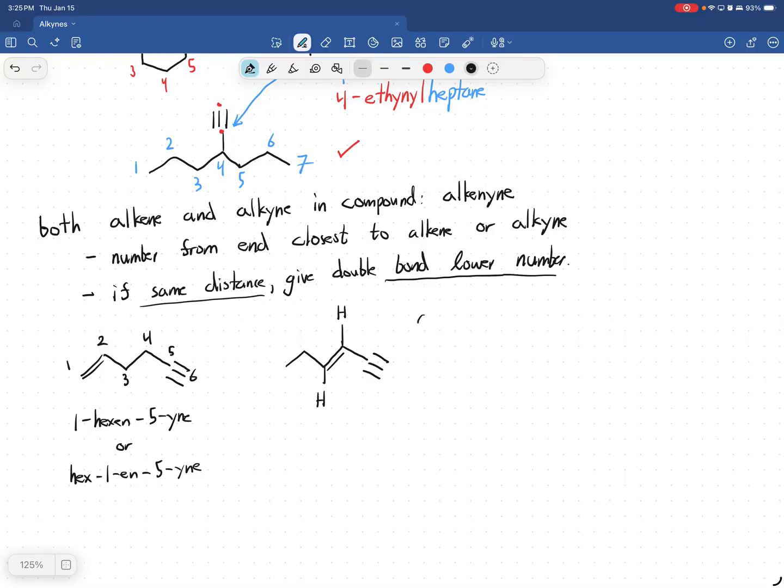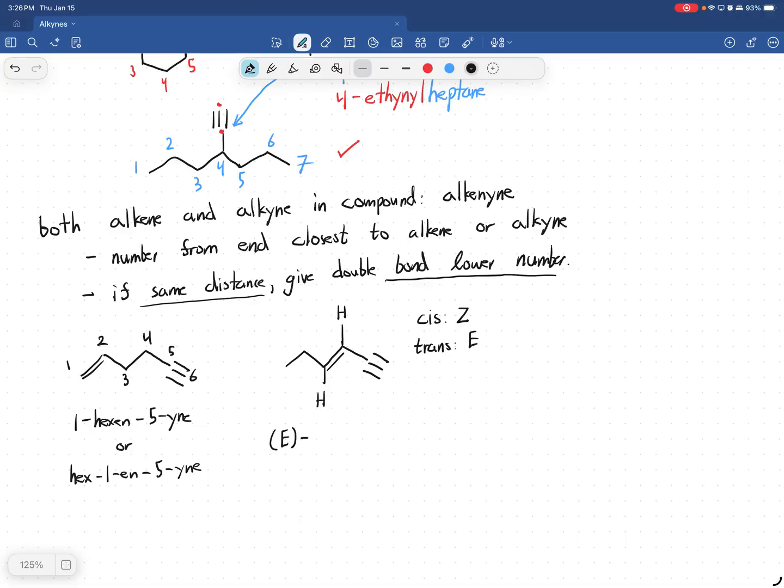So it's trans. If it's cis, what do we call it, Z or E? Cis is Z, and trans is E. These are based on the German words. This one has only two substituents, so you can use cis or trans as well. So we have the E isomer.